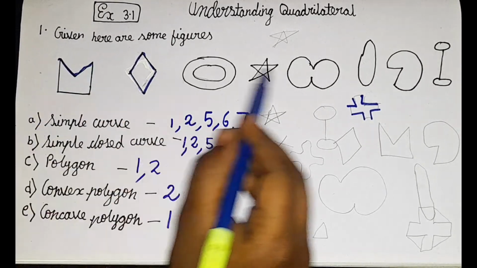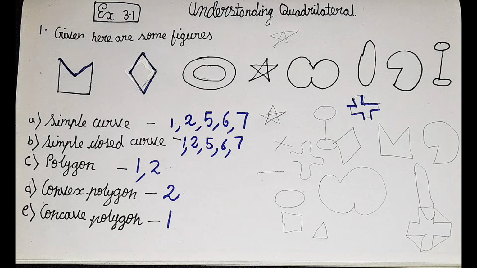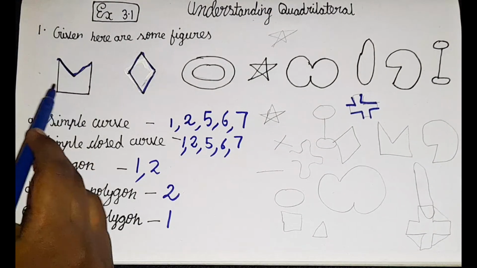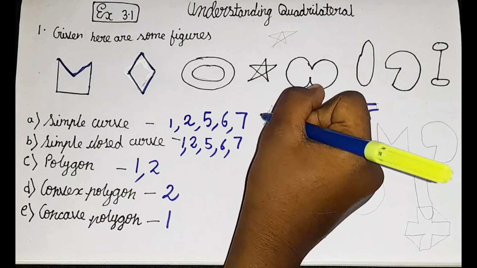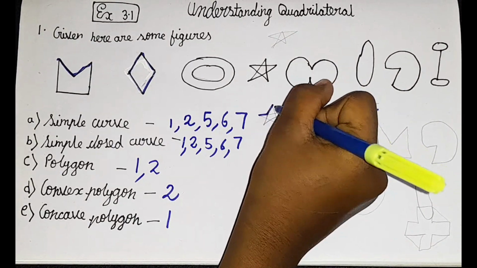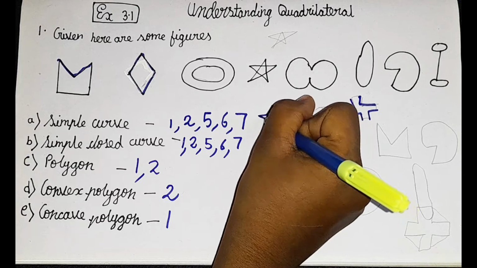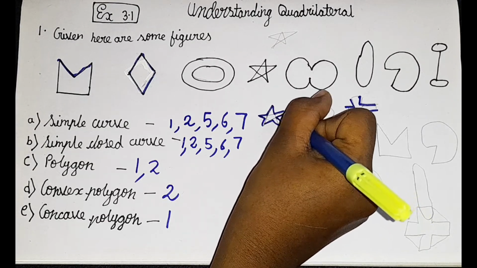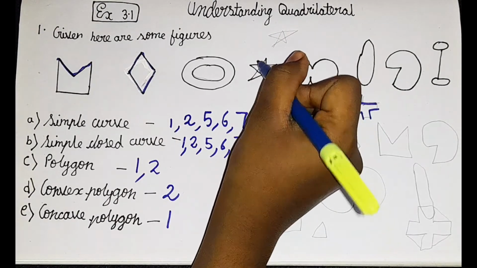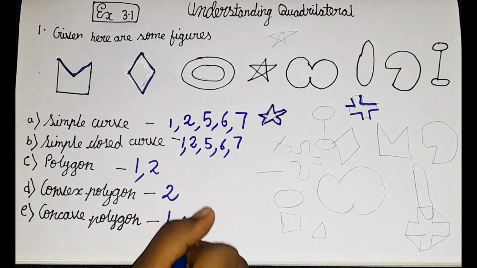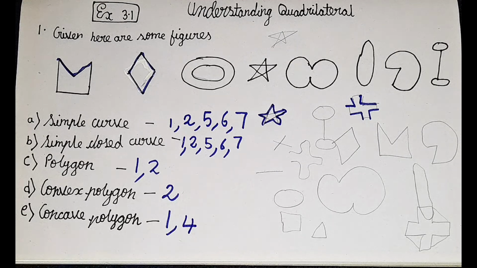So is there any other diagram that is similar to this? Yes, of course we have the star. Here you can see it's going like this, like this, like this. So here you have the outer border like this, which means the fourth one is also a concave polygon.